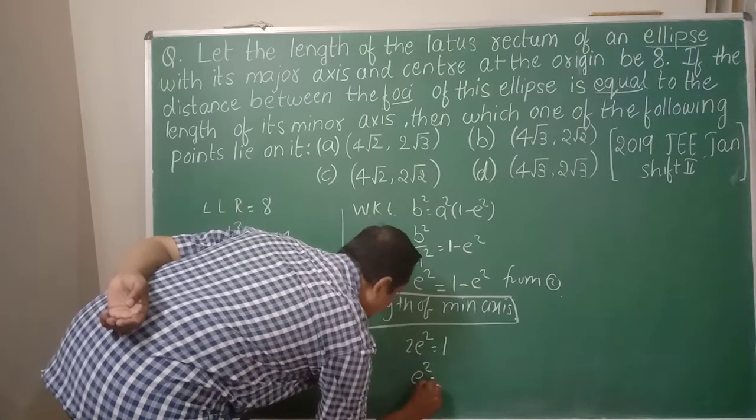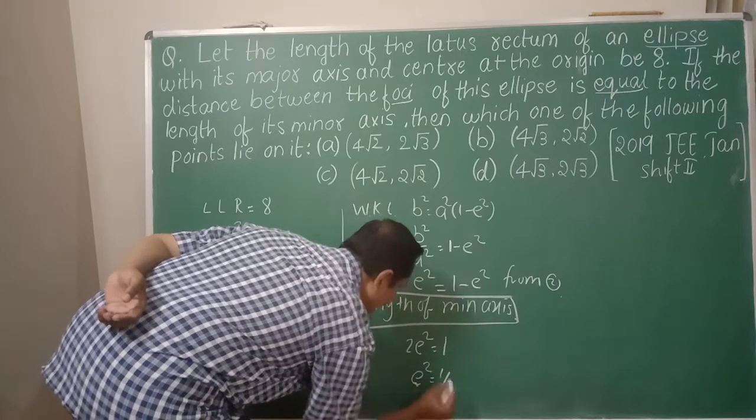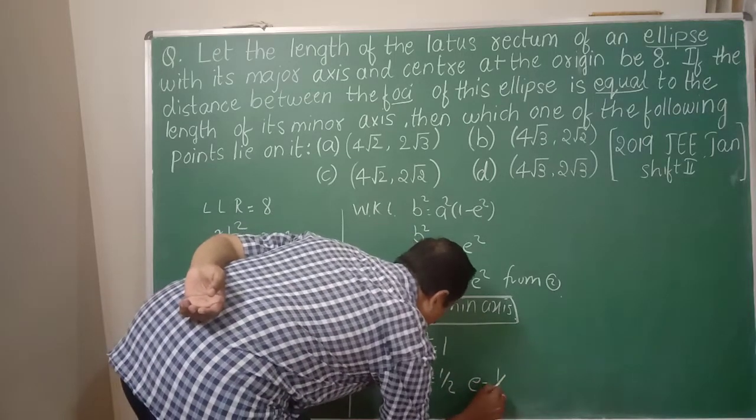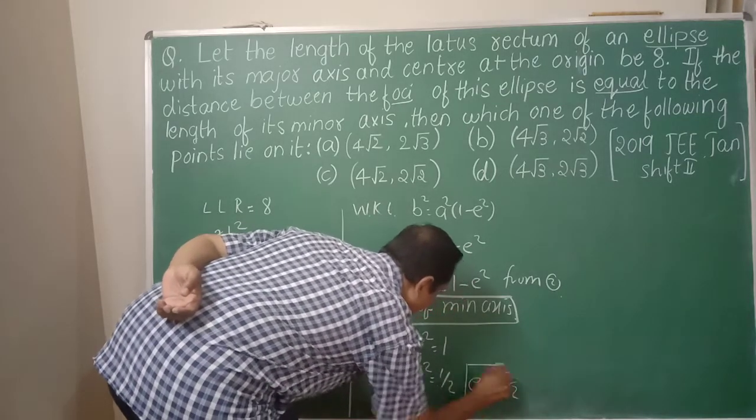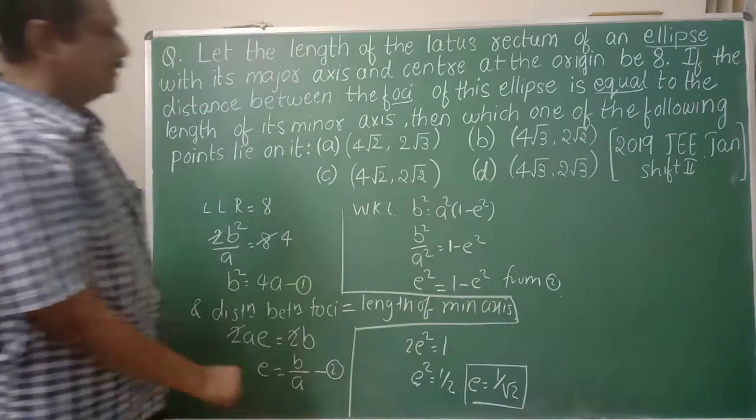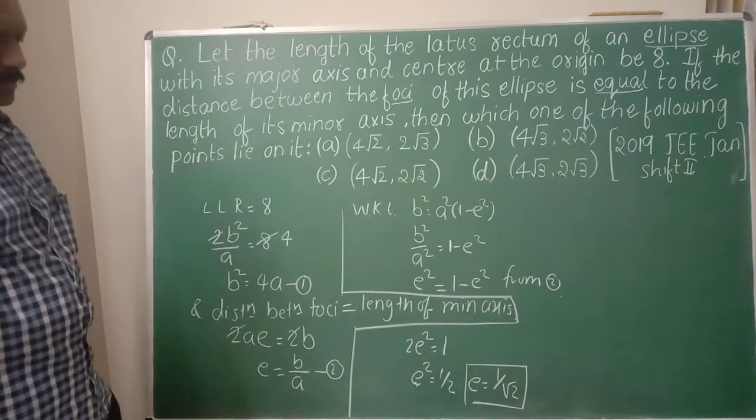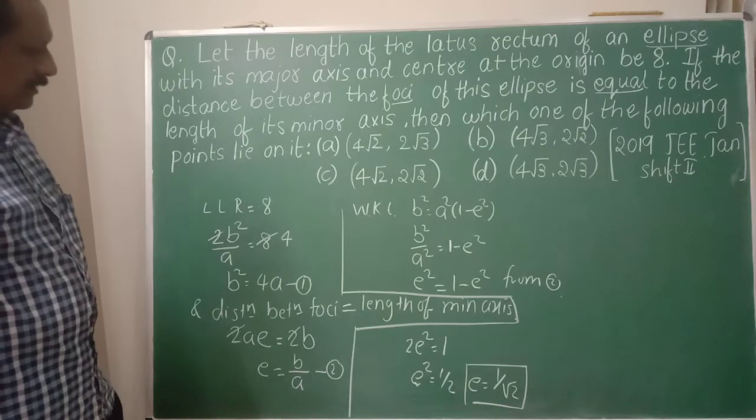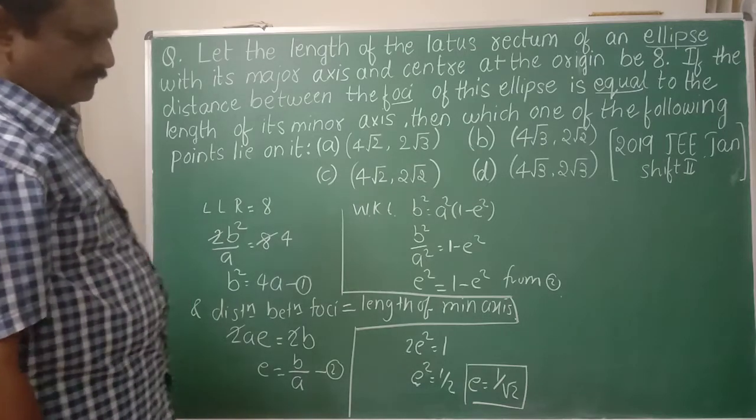Hence e² is equal to 1/2, therefore e is equal to 1/√2. The eccentricity is 1 upon root 2.